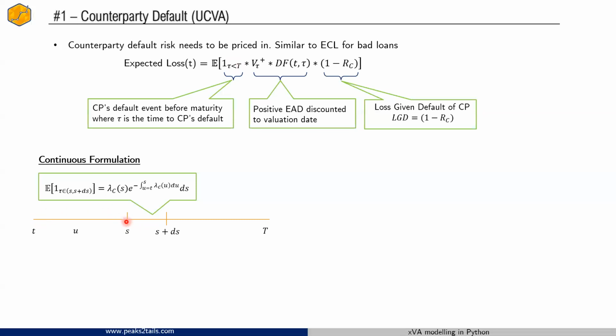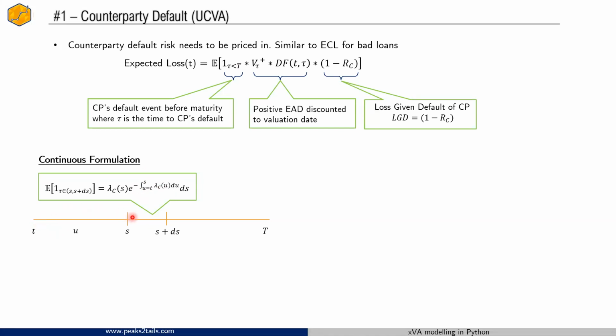Probability that it survived till s is e to the power minus lambda t, when lambda is constant, that is the survival probability. But if the hazard rate, lambda c is the hazard rate, is variable in a deterministic way, not in a stochastic way, then we take integration, right?